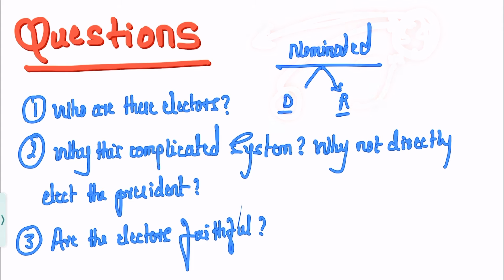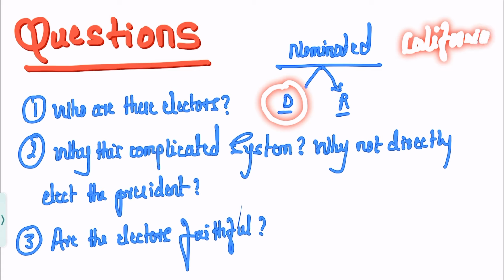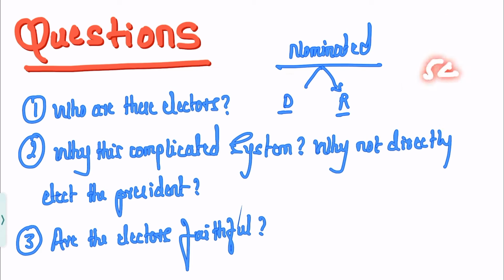Now you might ask, what if, though the Democratic Party won the majority vote in California, and because of that it won 54 electors in California, what if these electors who have been nominated by the Democratic Party become unfaithful and do not vote for Kamala Harris, but rather vote for Donald Trump?